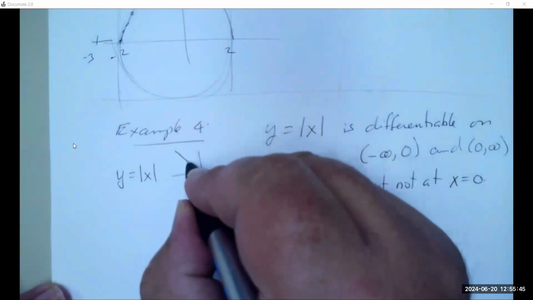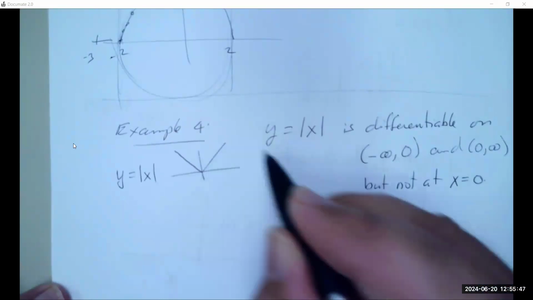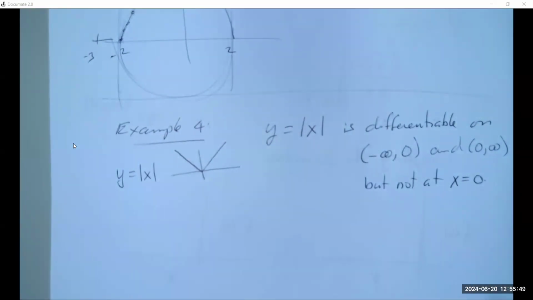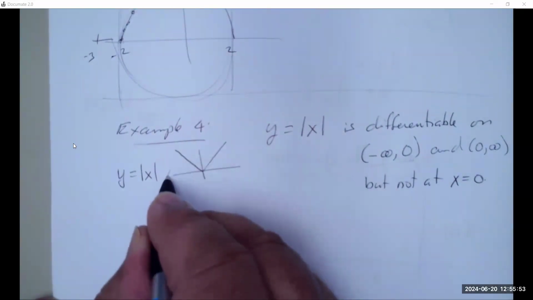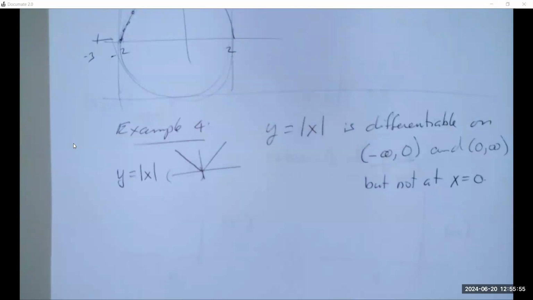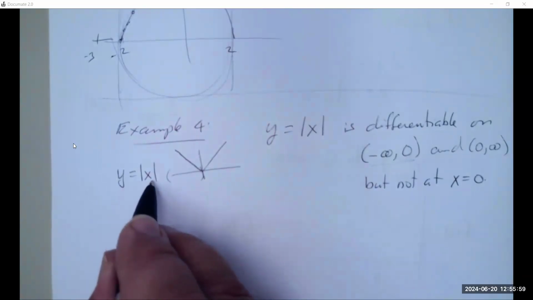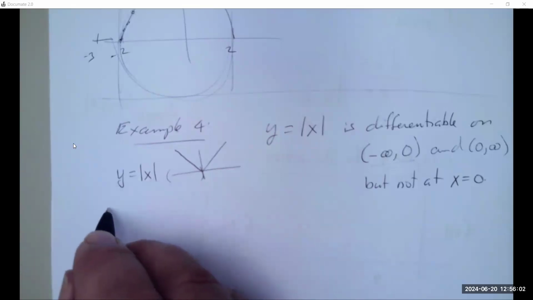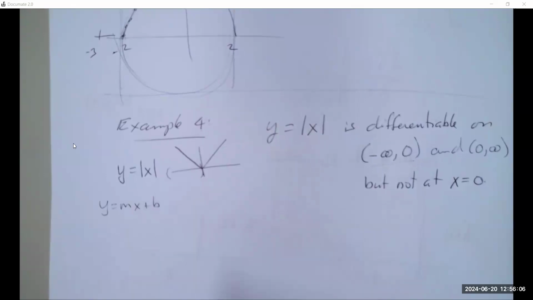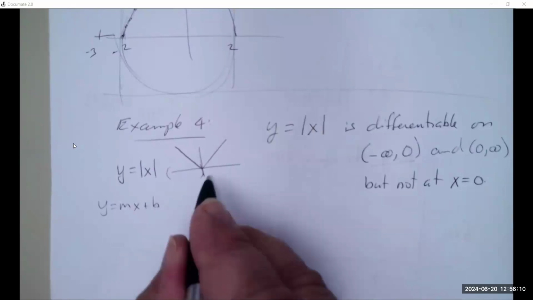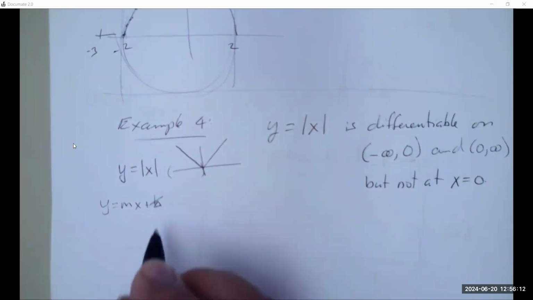It's a V. Our first domain is from -infinity to 0. So since it's the absolute value of x, I think of it in terms of this. The y-intercept is the origin, so that's gone.